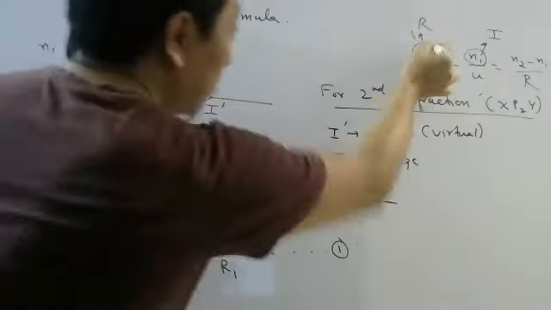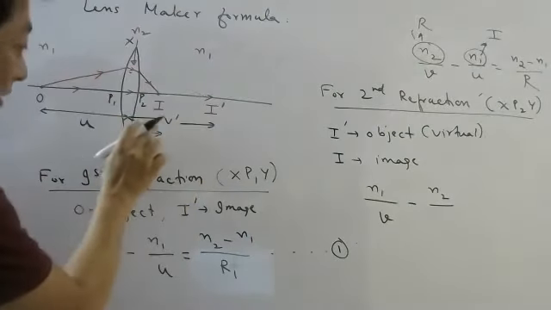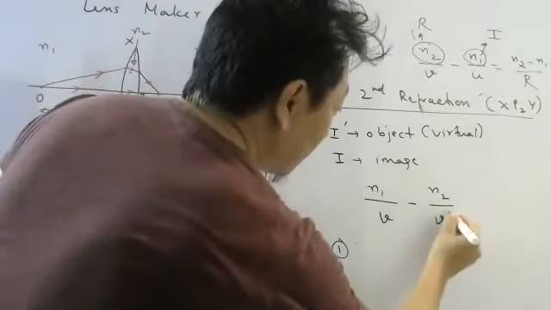V is the image distance. So who is the image? I. I is at what distance? V. Minus this N1 will become N2 now, because incident ray is this one for the second refraction. Divided by U, is the object. Who is the object? I dash. I dash is at what distance? V dash. Equal to N1 minus N2 by R. Radius of second surface I will write R2.